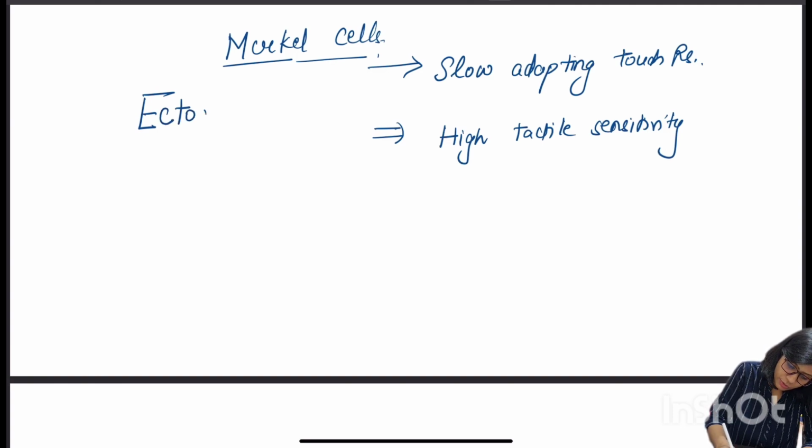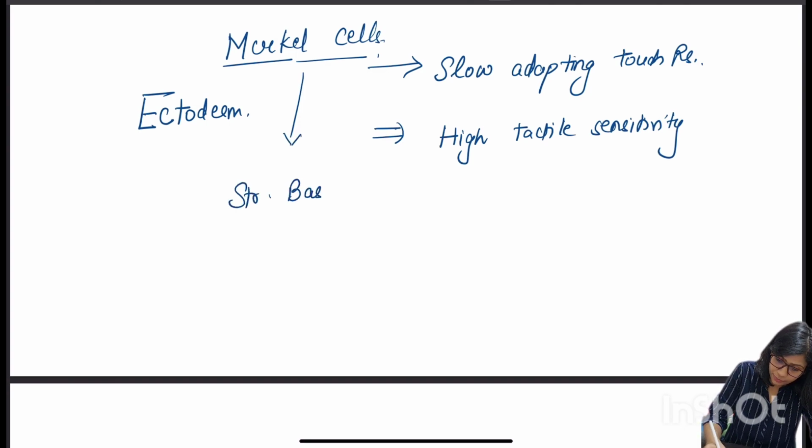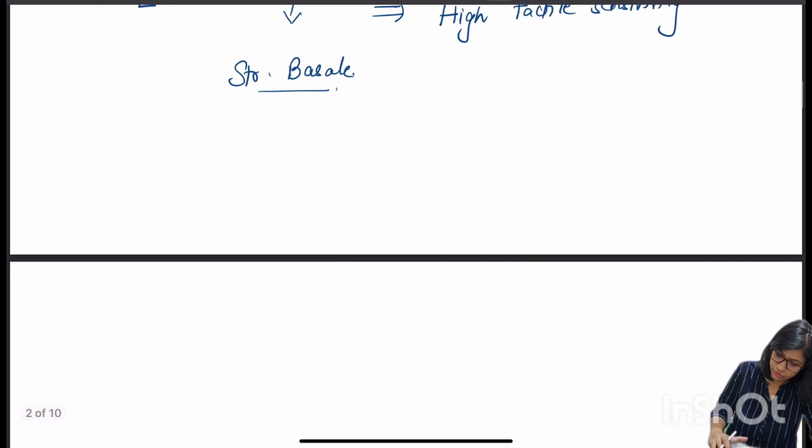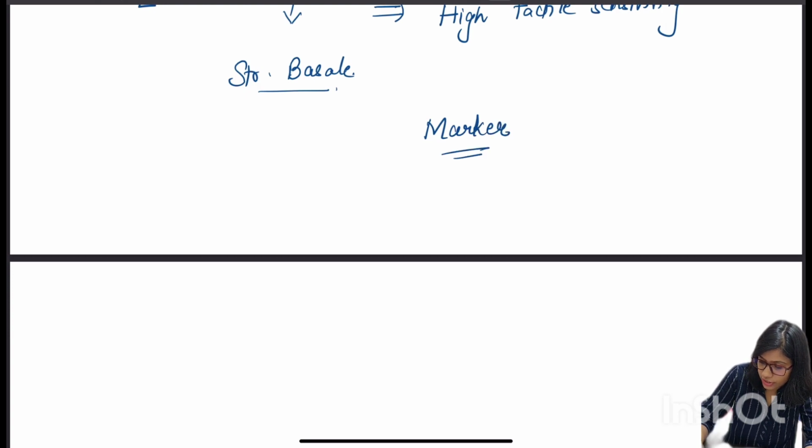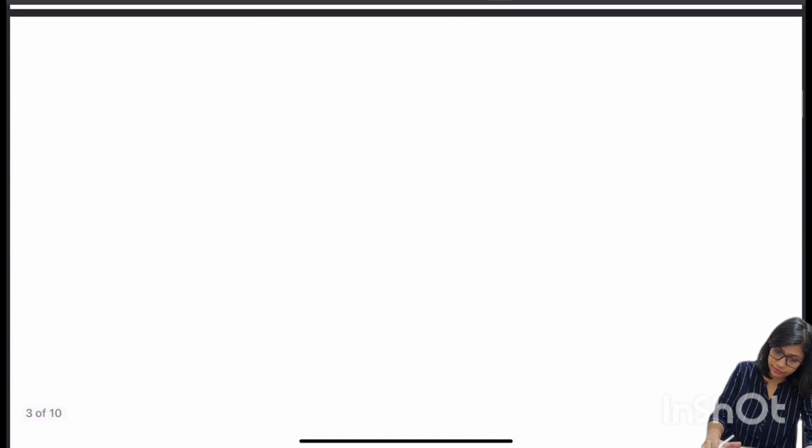They arise from ectoderm. And the most favored site is stratum basale for these cells, right? And the marker which is associated with these cells is cytokeratin 20. It is the most specific marker for these cells.